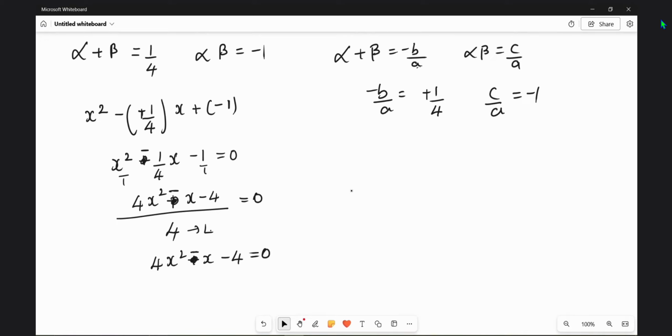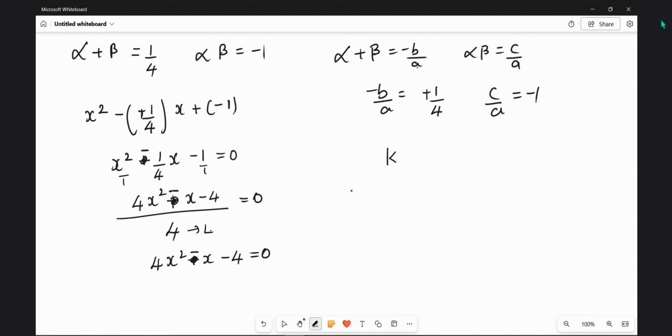You understood, or you want me to do it again? No, but isn't there another formula, instead of that you have to multiply K into bracket x square minus alpha plus beta x plus alpha beta? Repeat, what is it telling?